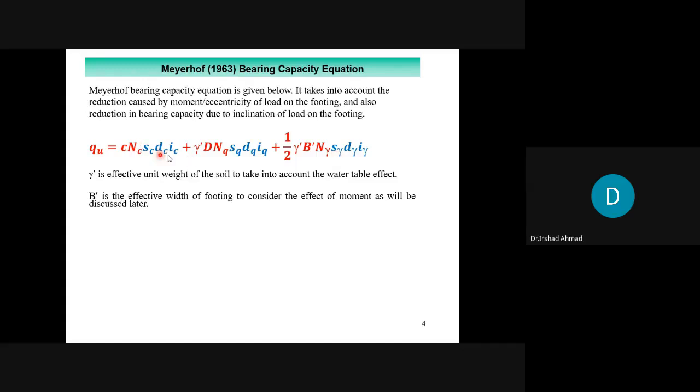Same three terms. You can see them in red font. These are the same terms that were used by Terzaghi. Additional terms are shown in blue. In blue, every term is multiplied by additional factors.